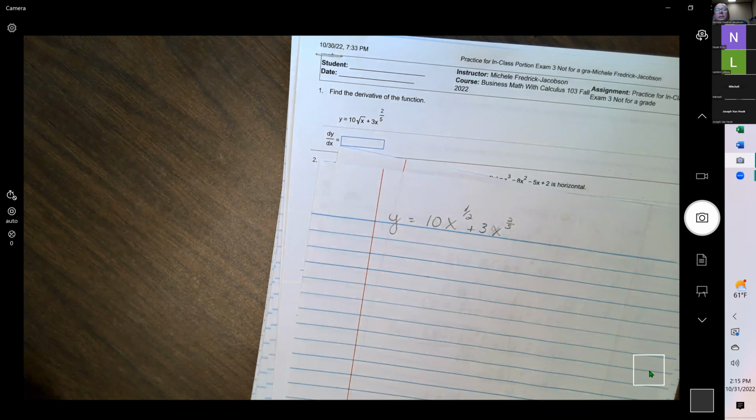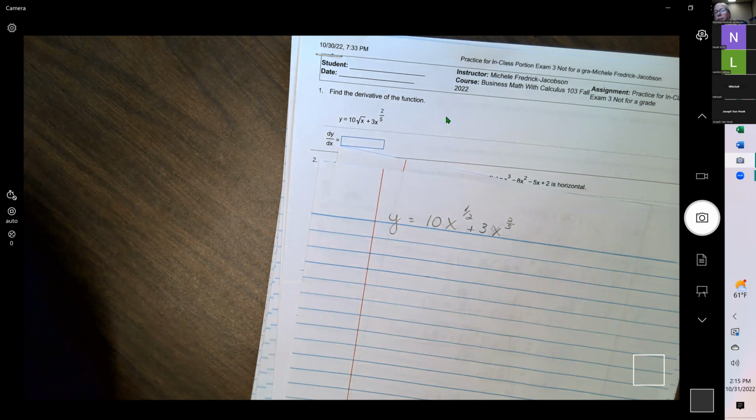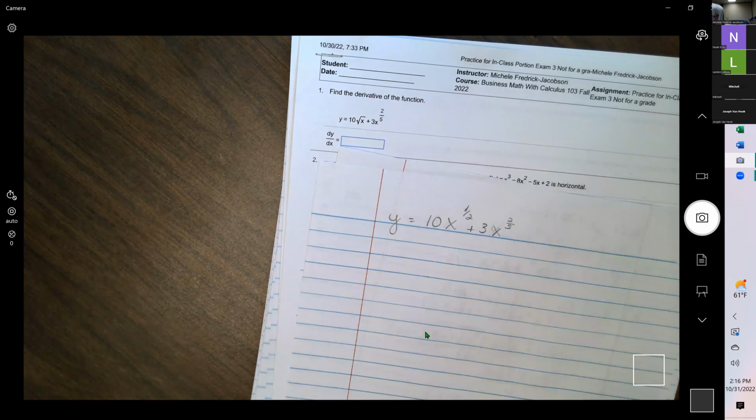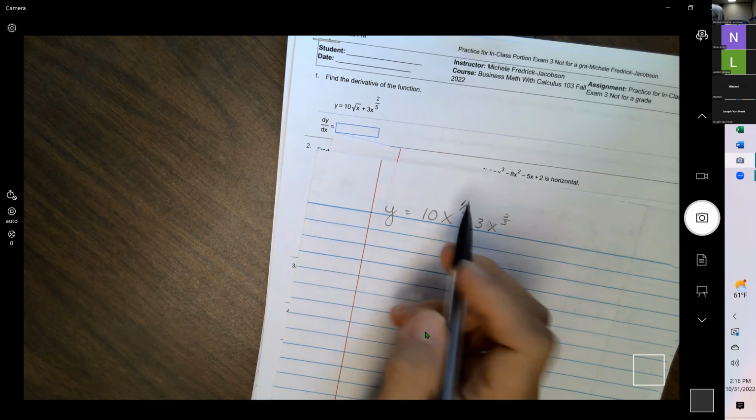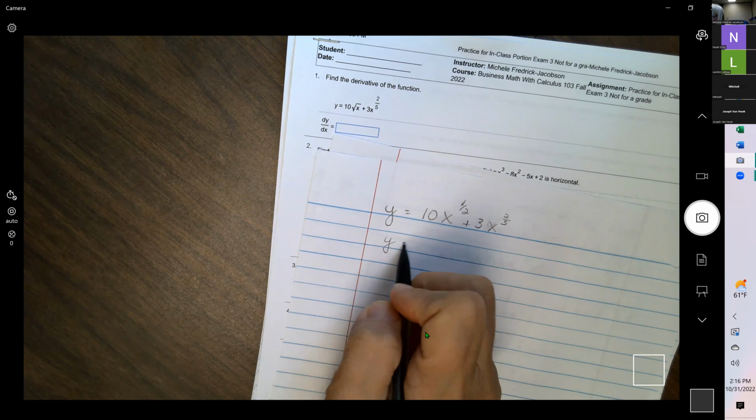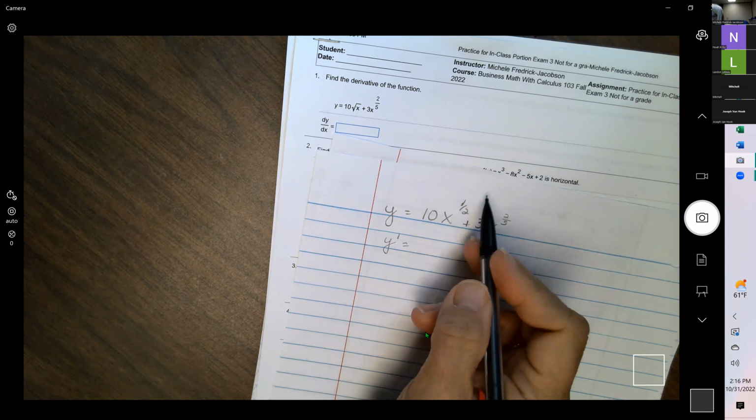It will also say to keep your answers in fraction form. No decimals. 1/2 times 10 or half of 10, because remember to take the derivative, you multiply.